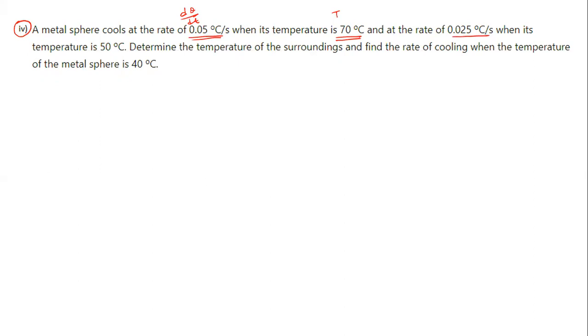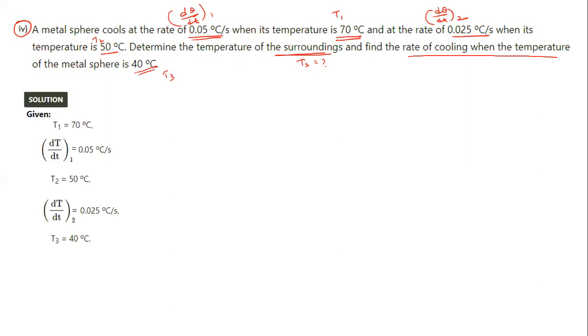And this is the second rate of cooling, d theta by dt second. So this is first, this is second, when temperature is T2, this is T1. Determine temperature of surrounding. Temperature of surrounding means Ts we have to find out. Also find out rate of cooling when the temperature of metal sphere is 40 degree. T3 is 40 degree.